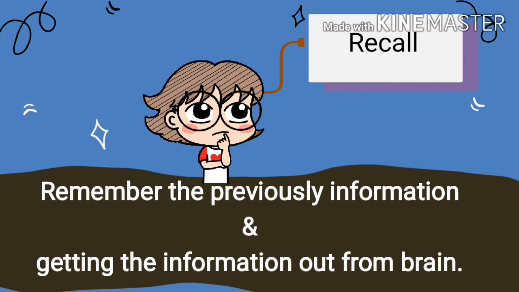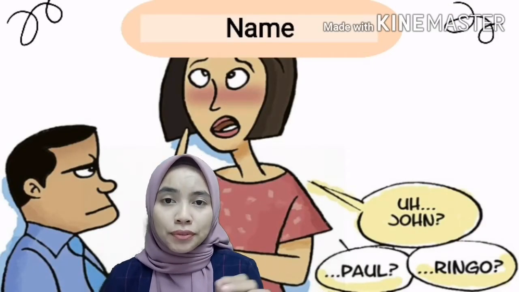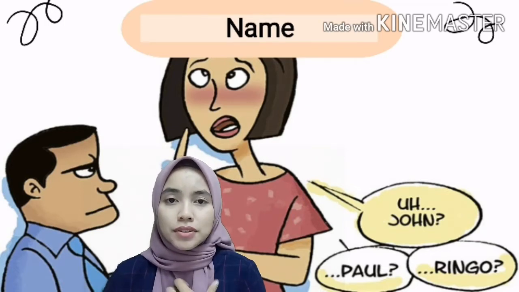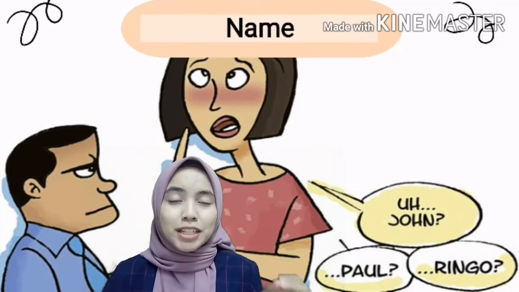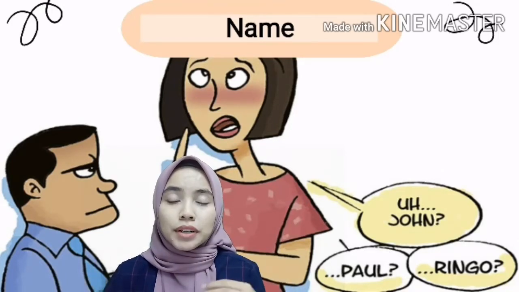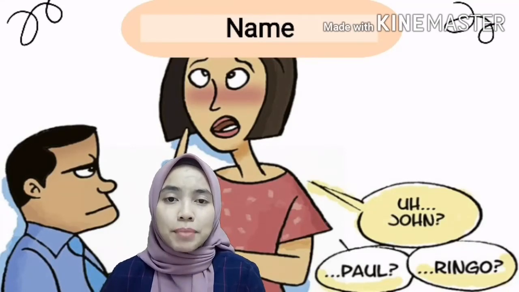The second component is recall, which means we remember the previous information and get the information out from the brain. For example, a name. You meet your old friend and suddenly you ask yourself, what is his name? Sometimes you cannot remember his name, but you already know there is someone you have met before.